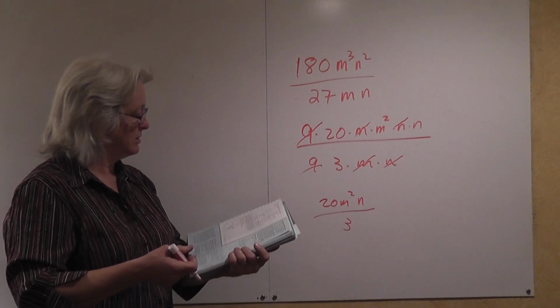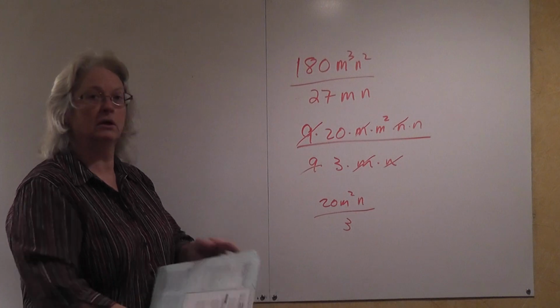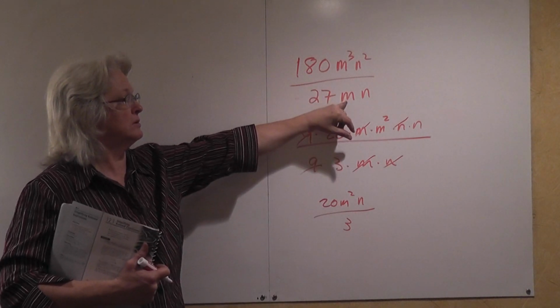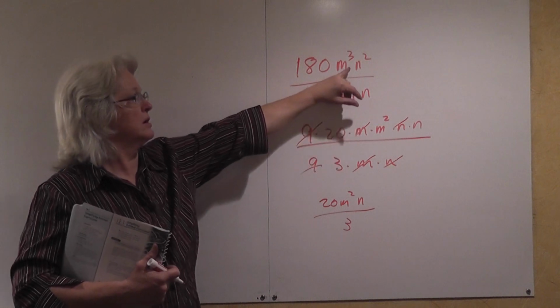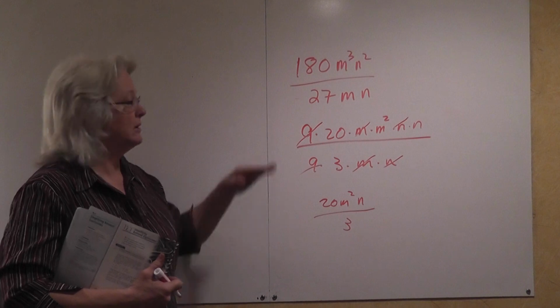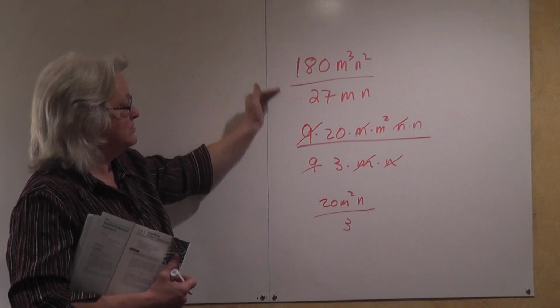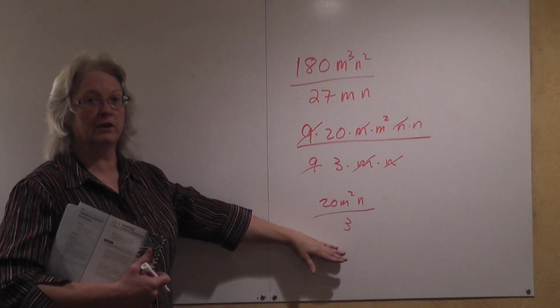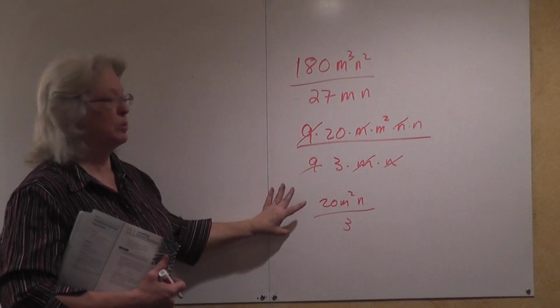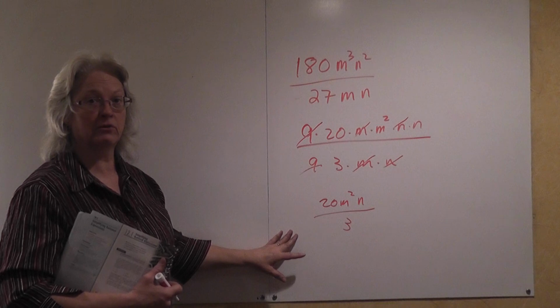Let's look at our book. 20m squared n divided by 3. And you could use exponent rules, m cubed divided by m is m squared, n squared divided by n is n. But whatever method you use, you end up with the simplified form of this expression being 20m squared n divided by 3.